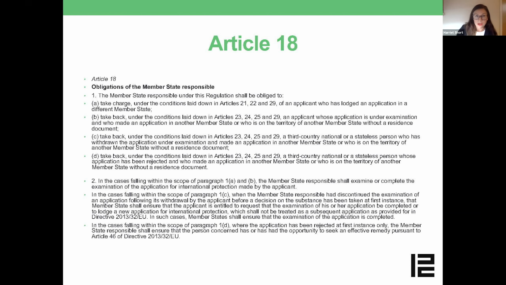To give an example, if an applicant has crossed a border irregularly, for example, arriving by boat to Italy and then travels to a second member state, for example, the UK can ask Italy to take charge under 18.1a if they've entered Italy irregularly, or they can ask Italy to take back the applicant under 18(1)(b) if the application for asylum is already being examined in Italy.